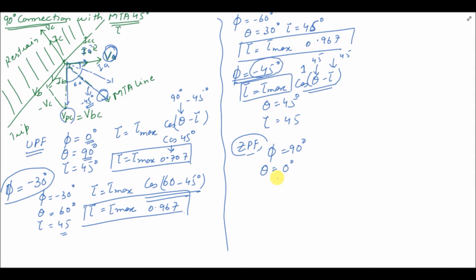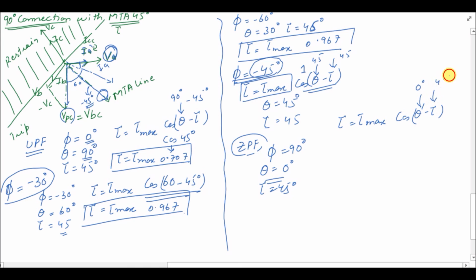Now theta is equal to 0, but tau remains 45 degree, and the formula for the torque is cos theta minus tau. This is 0 degree and this is your 45 degree. So in this case again the value will be 0.707 times tau max.